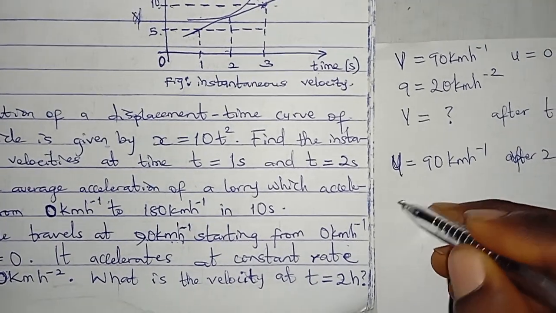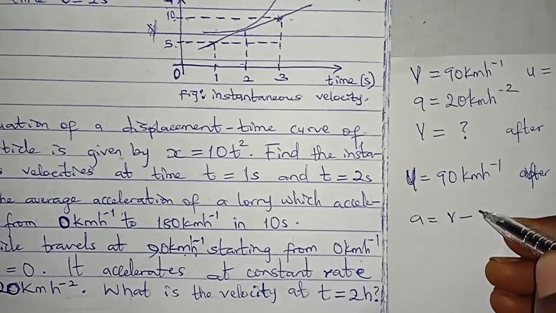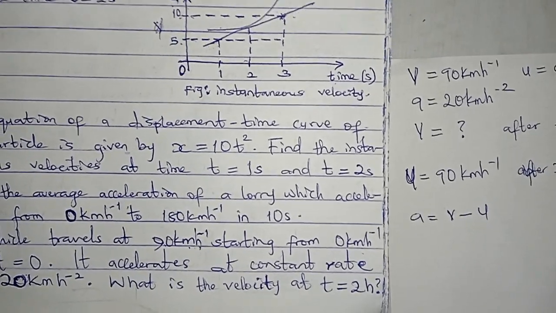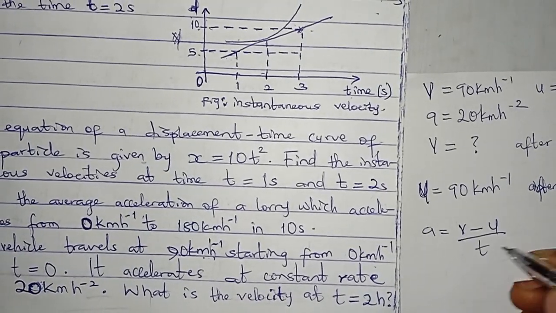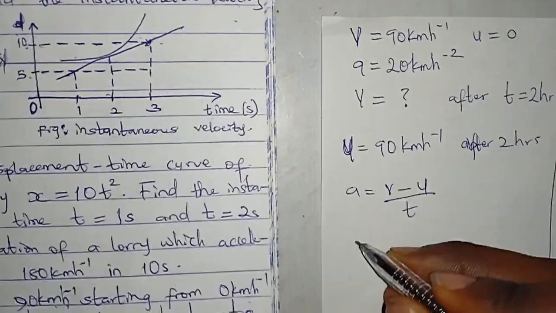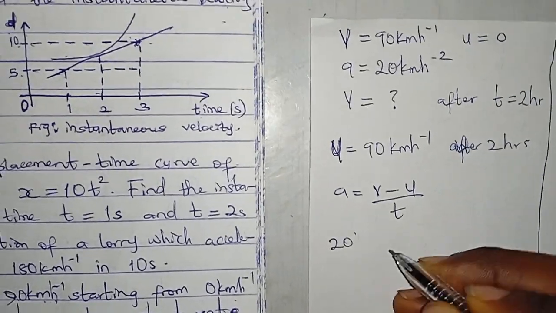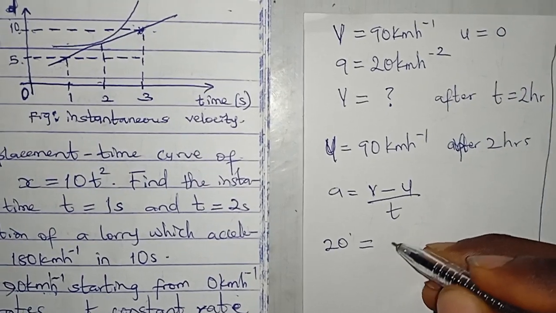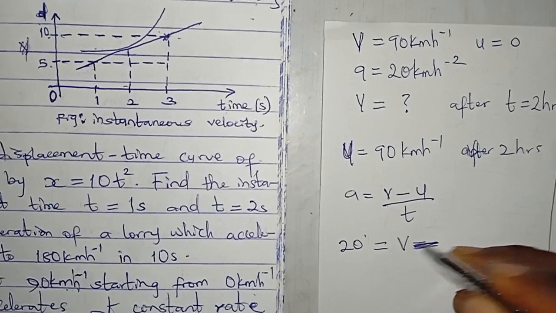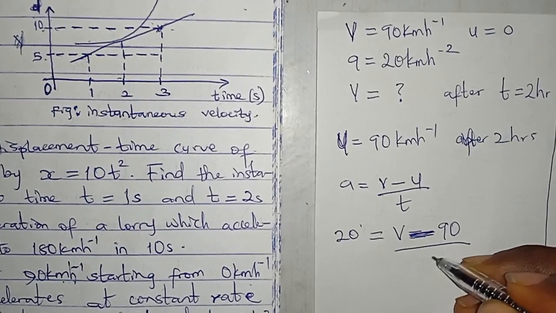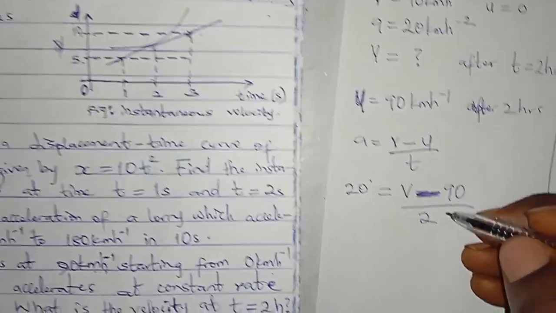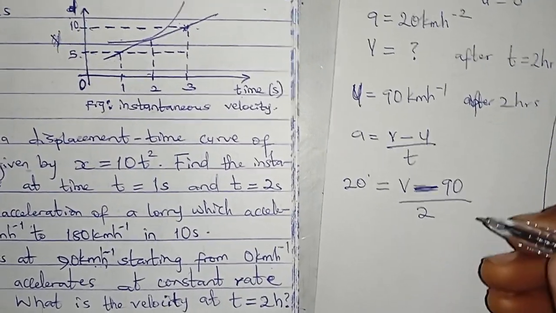So you remember that acceleration is equal to V minus U, V minus U all over T. But right here we have that acceleration is 20, and V, the final velocity, is unknown, minus 90 all over 2 hours. I'm using everything in kilometers and hours.